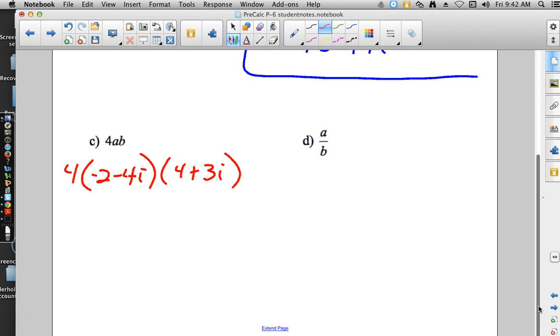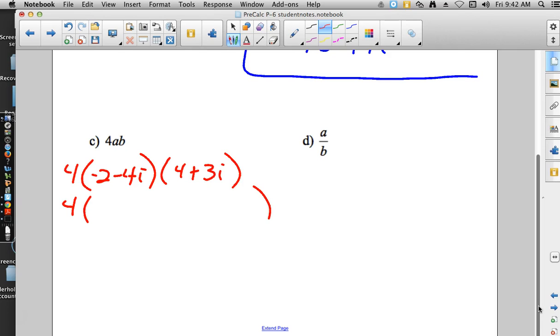What would you do first? Order of operations tells you to do what first? Well, yeah, we do have parentheses here. Even though you're saying that's because it's a complex number, we absolutely would want to do that first.